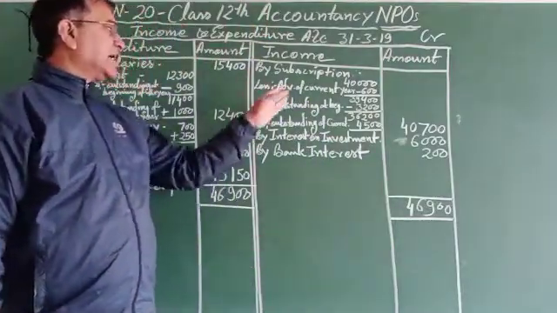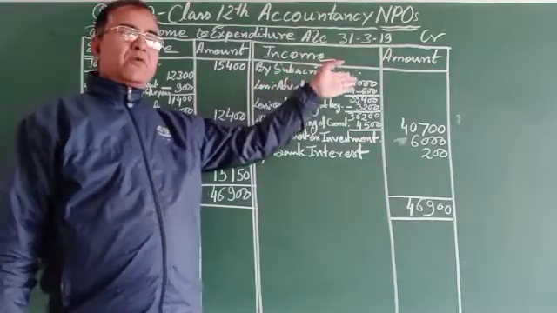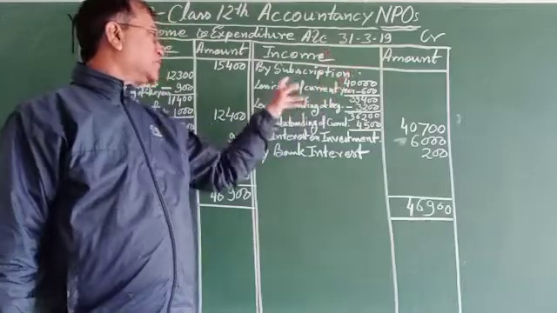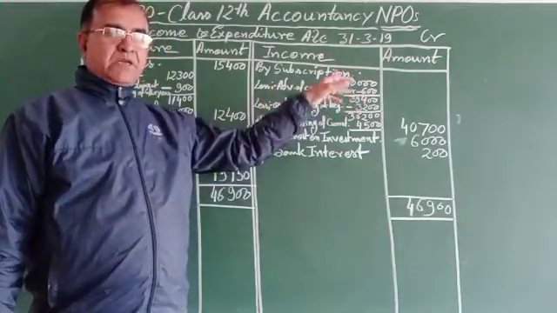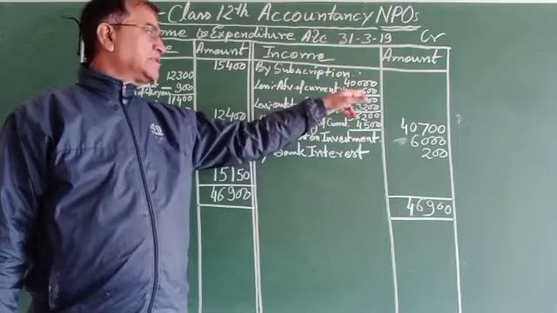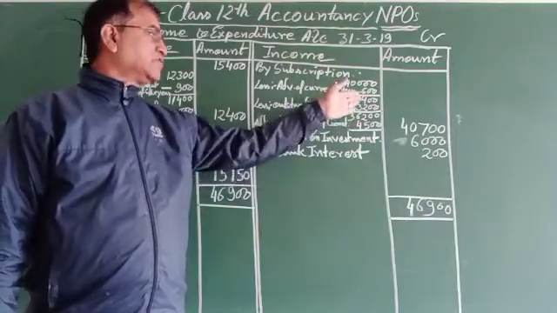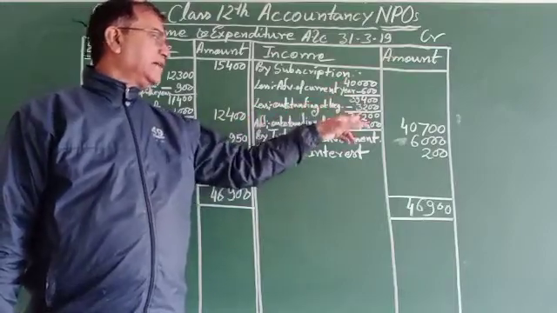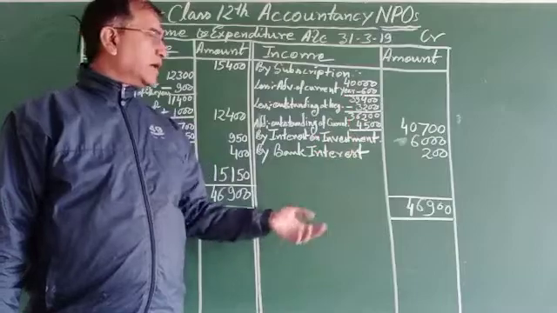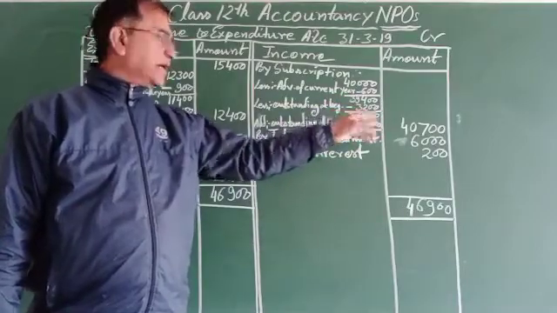Adjustment outstanding first, by subscription: whatever the amount received during the year 40,000, less advance of current year 600 given, it will be deducted, 39,400, less outstanding at the beginning 3,200 also deducted, 36,200.